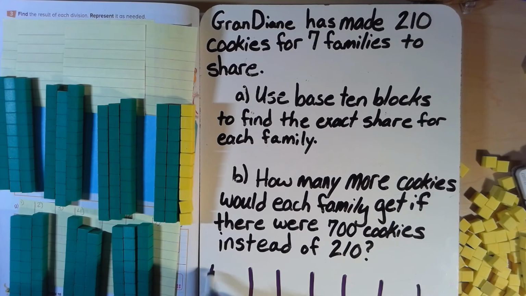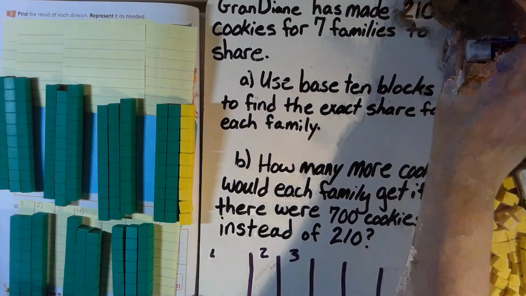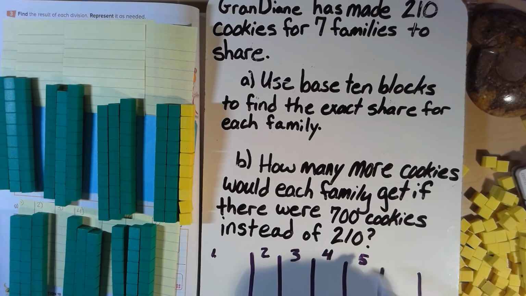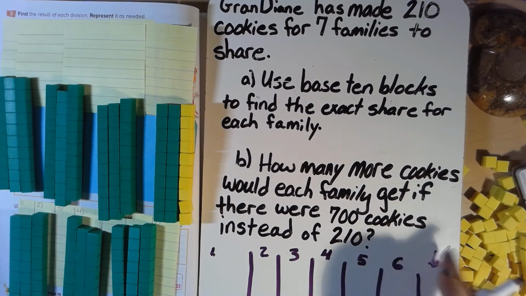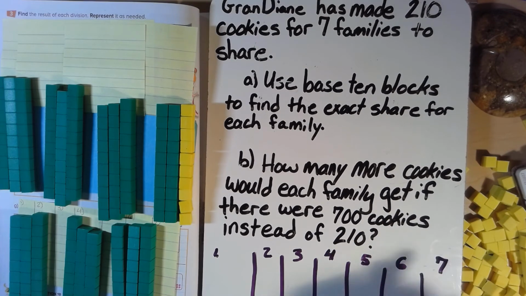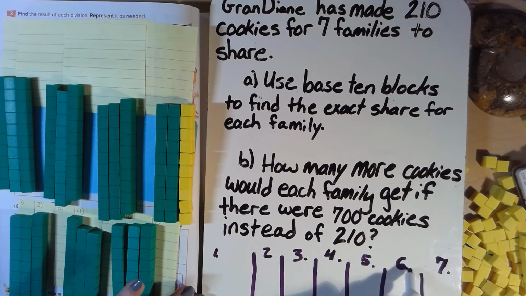So group 1, 2, 3, 4, 5, 6, 7. Ooh, what happened there? I have 7 families, 7 groups, and I want to divide 700 cookies. How many cookies will each family get?